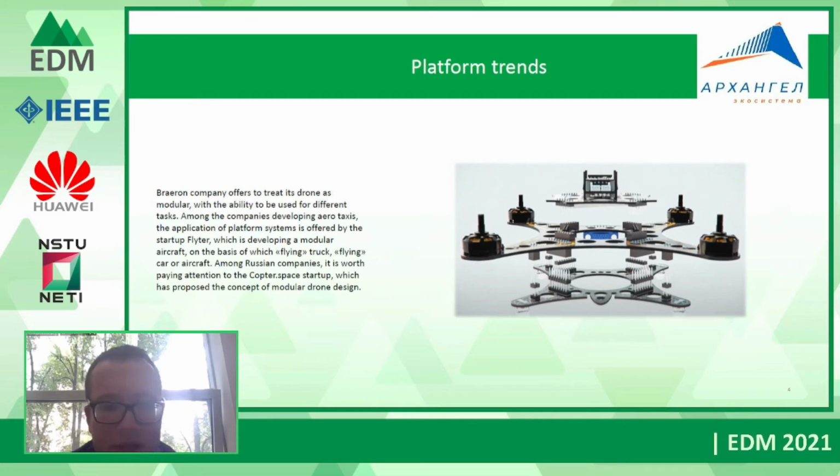For example, some startups like the startup Flytra develop flying trucks, flying cars, or aircraft. So with this architecture, we do our project Archangel, and the maximum weight is limited by the law, because when the aircraft is less than 150 kilograms, you don't need a pilot license, so everyone could use it, and you don't need the registration.